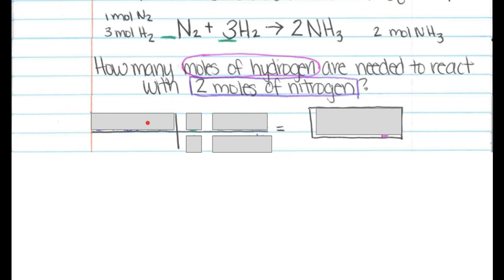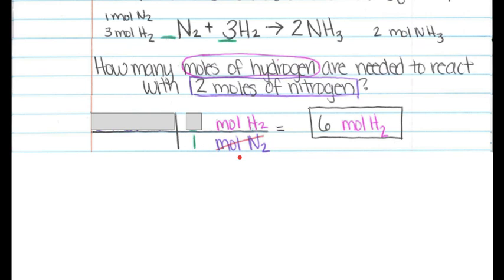The important thing to do is what we have been doing for a really long time, which is whatever unit you're given, what goes up must come down. So that's why this right here is moles nitrogen. Then you put the unit desired up at the top. The unit that I desire is moles of hydrogen, so I'm going to put moles of hydrogen here at the top.